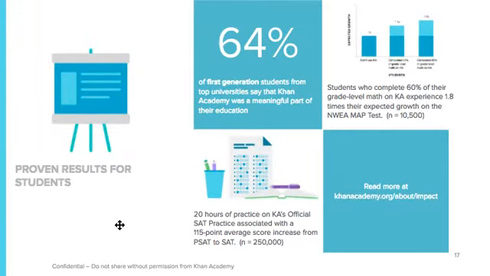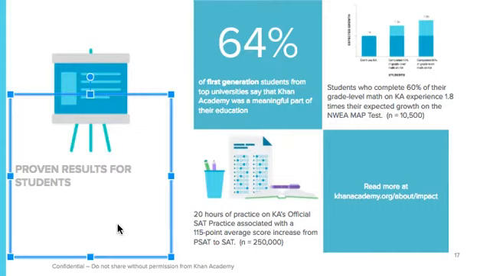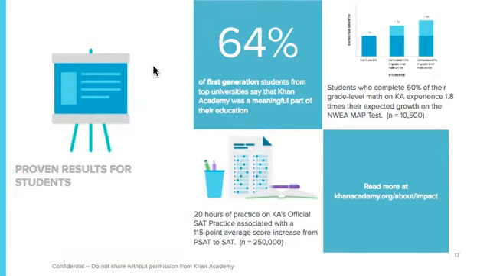It's early right now with Khan Academy and College Board partnering for AP Calculus, but they partnered last year and looked at the SAT data, so I thought this would be good to share. Proven results for students: 64% of students from top universities say that Khan Academy was a meaningful part of their education. 20 hours of Khan Academy SAT practice is associated with a 115-point average increase on the PSAT and SAT.